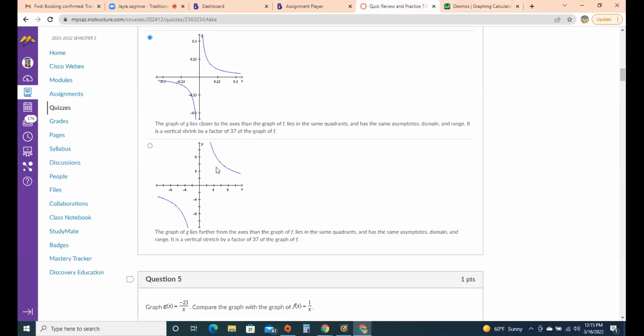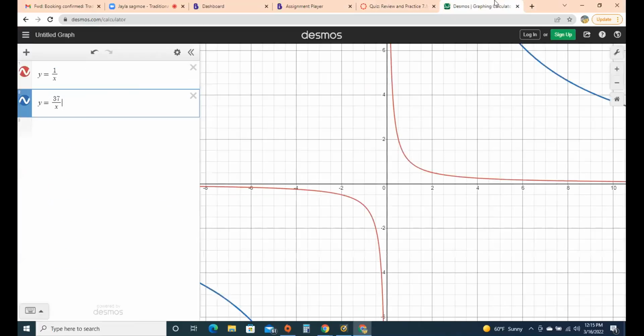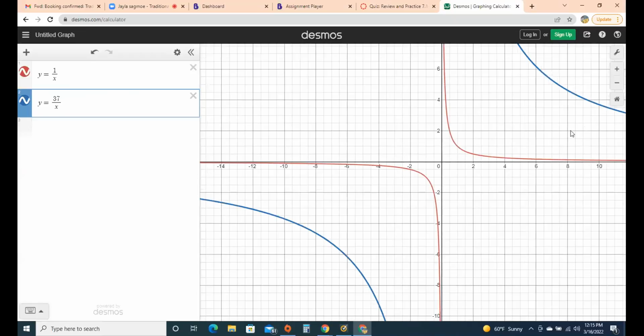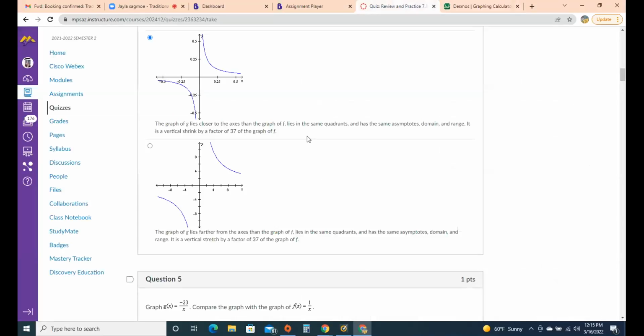So go ahead, go back to Desmos and look for a point on that blue line. See how it's kind of near 6,6. Okay, go back to your quiz, and between those two graphs, see which one looks to be closer, and it looks like that one is the correct answer.